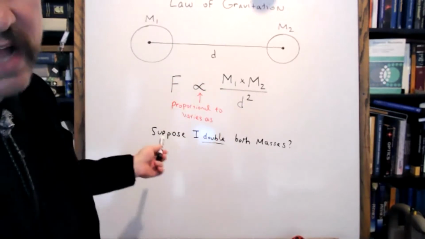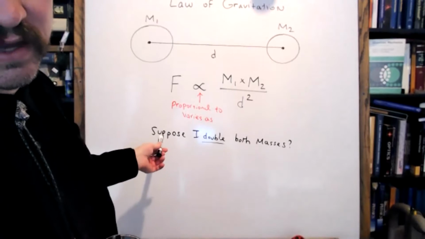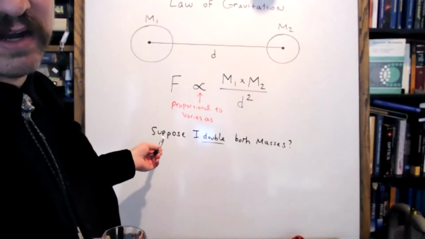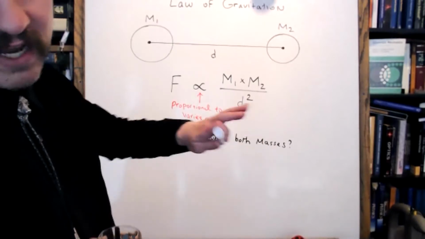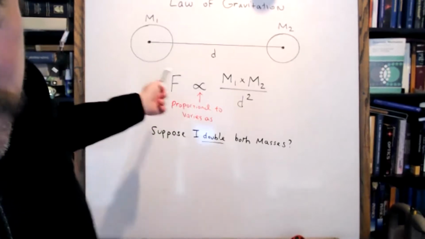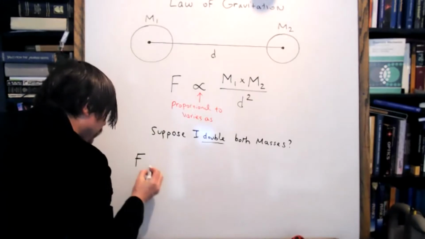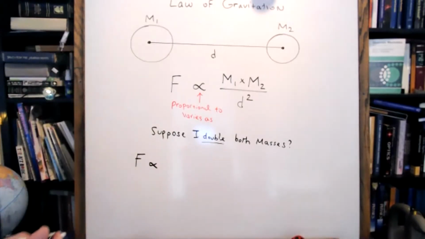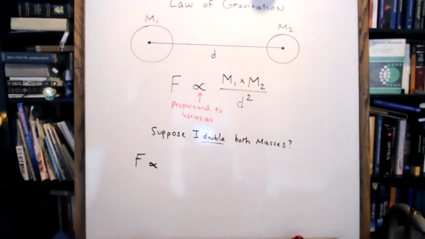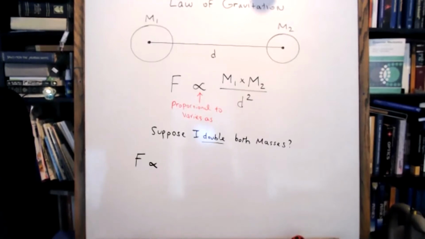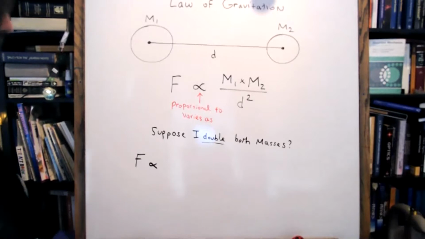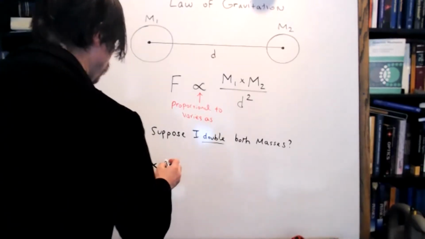Okay. So that's the exact question I'm asking you now, Nori, and maybe you can try it to see if you get it. Suppose I double the masses, but I don't touch the distance. Let's first write it out symbolically. The force now will be proportional to what? What do I write in terms of my variables? 2m. 2 times m.